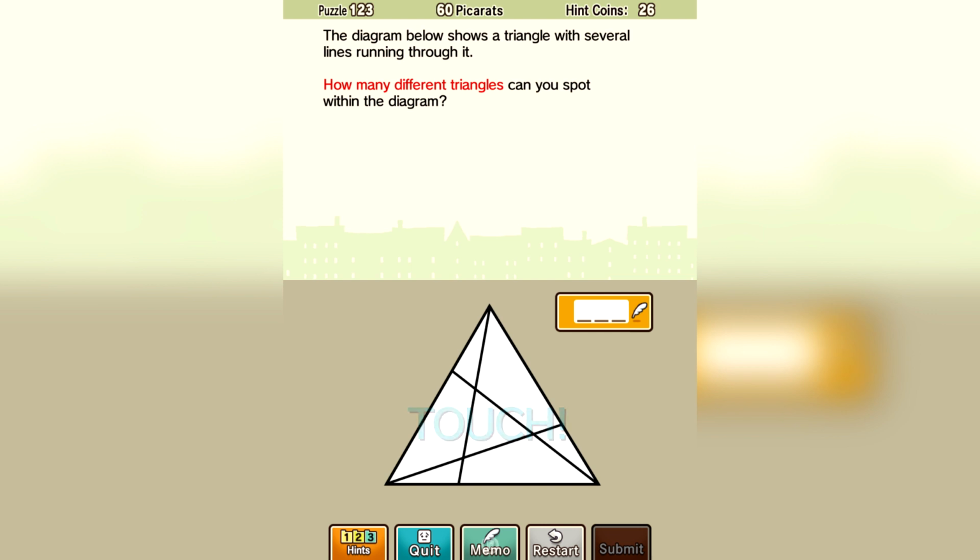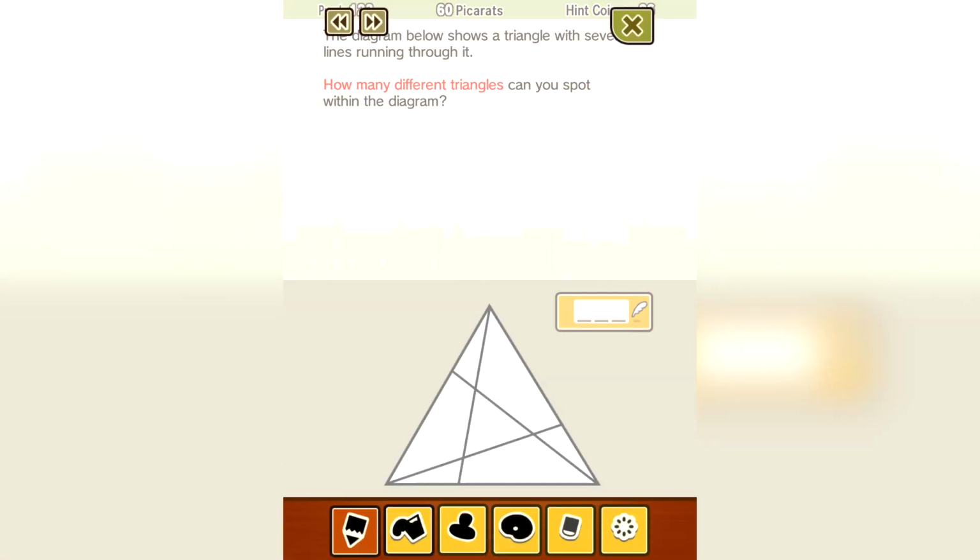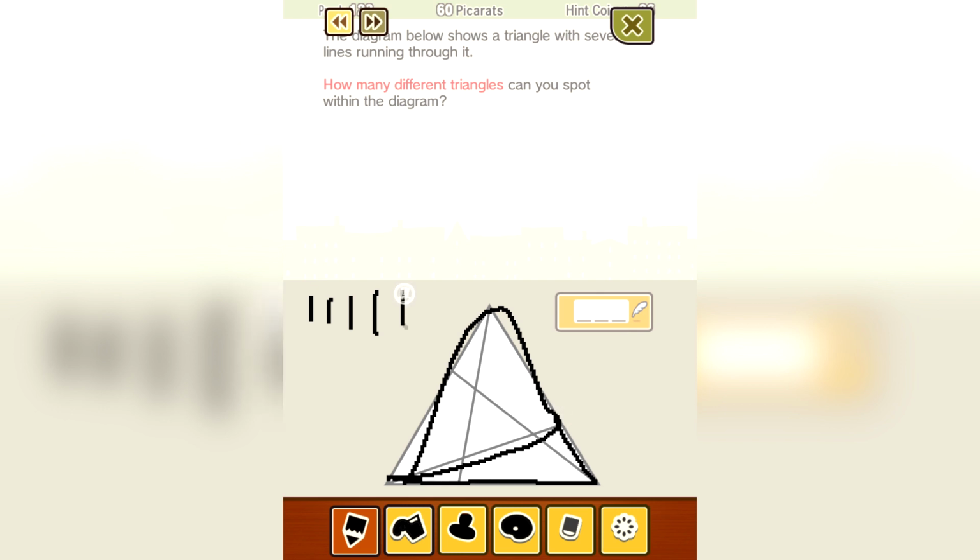Okay, well, I'm just gonna make a tally mark for each one I spot. So, there's the large triangle, that's 1. There's this one, and then this one. So that's 2, 3. There's this one, that's 4. And then, of course, there's this one, so that's a total of 5 so far.